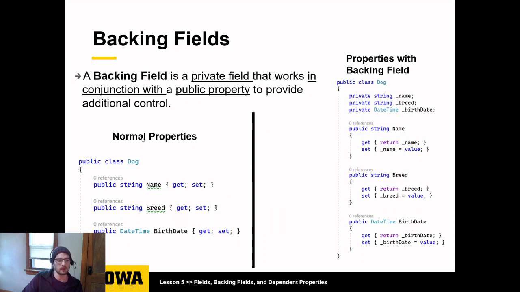So this is the simple one, and this one here, we're using private fields that store internally what the data is, but then we have these public properties that expose that data.